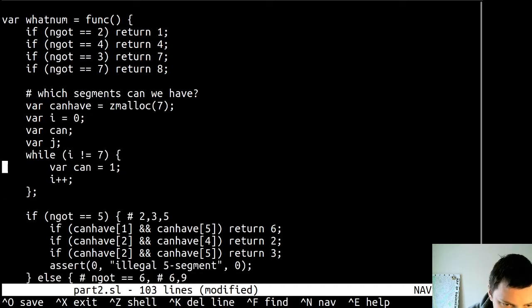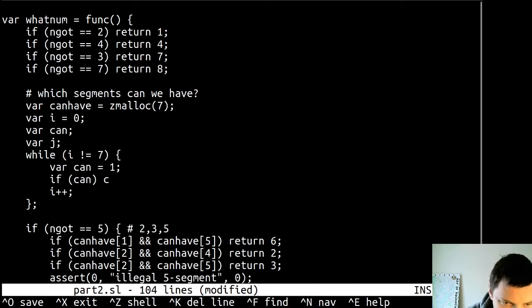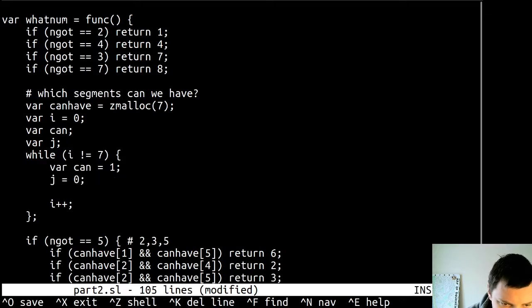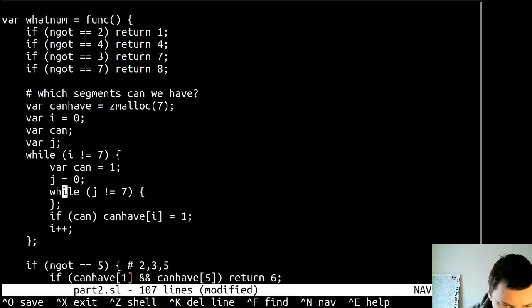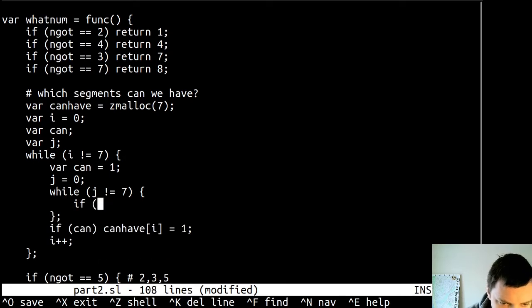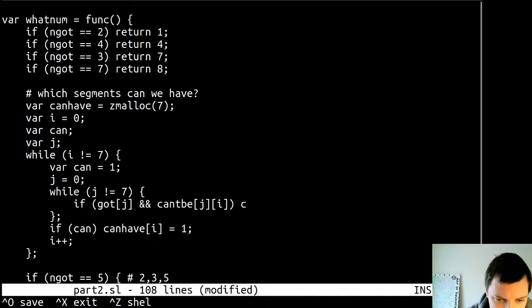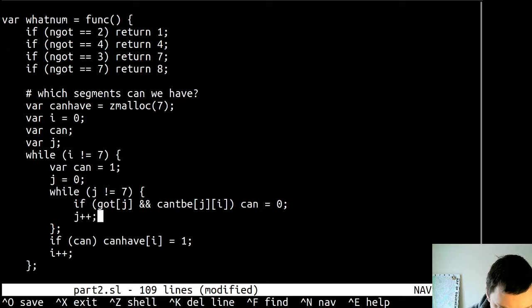So when we go if can, then can have I equals 1. Here we'll go j equals 0, or j is not equal to 7. If we've got j and can't be, is it called can't be? ji, then can equals 0. Don't forget your j++.